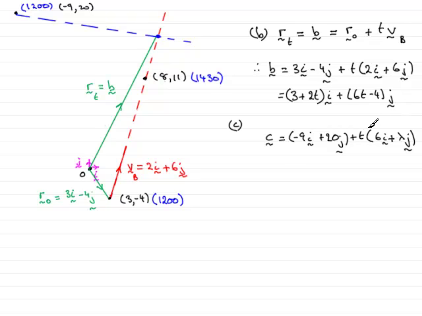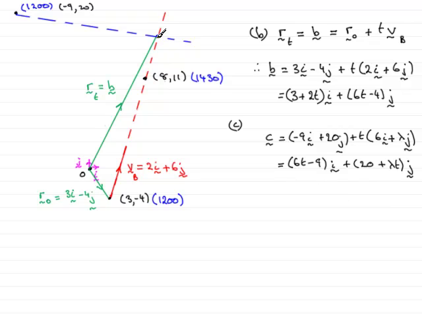First of all, if I rearrange this vector C to put all the i components together, I will have 6t minus 9 in the i direction. As for the j components, we will have 20 plus lambda t in the j direction.